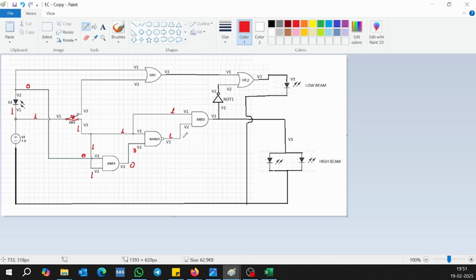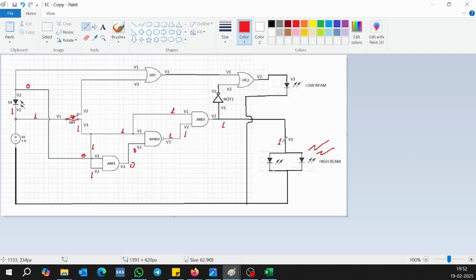Now see this AND gate 2. It has got 1 and 1 coming in, so its output is going to be 1. When its output is 1, this high beam starts operating. Once this is 1, see this wire is going here, it is 1 here. You understood?